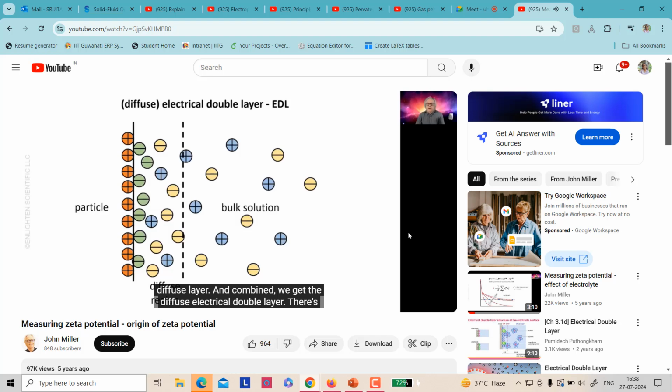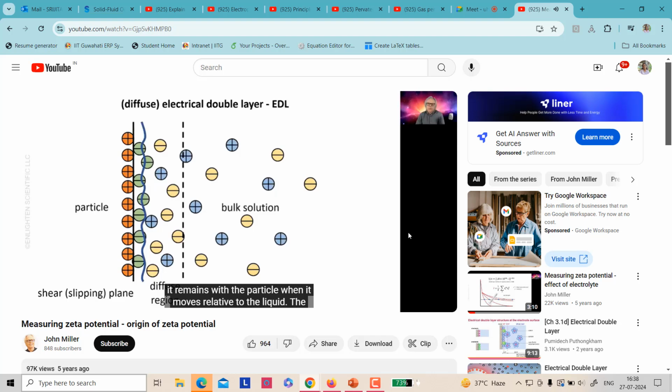There's a transition from the diffuse layer with an excess of counterions to the bulk solution with a uniform concentration of ions. Very close to the particle, material is either adsorbed or strongly associated with the particle, such that it remains with the particle when it moves relative to the liquid.